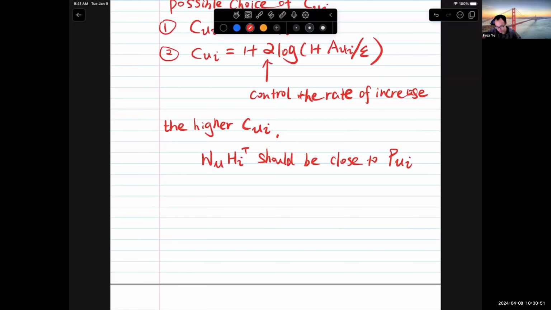So that means these two should be close. If CUI is lower, they may not be very close to each other. That's okay, and that means the weight is lower. But if CUI is higher, these two should be close, such that this term will not contribute too much to the total loss.